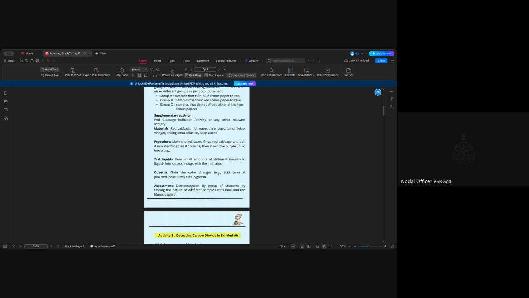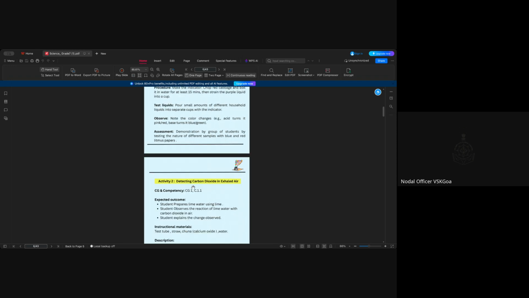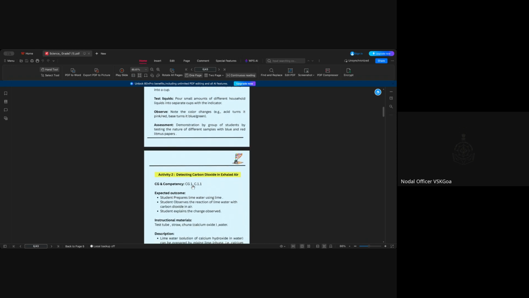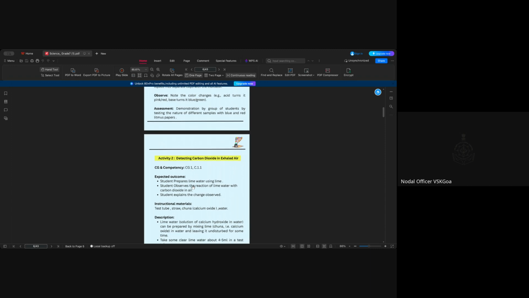This is activity 1. Activity 2 speaks about carbon dioxide in exhaled air. This activity again caters to curricular goal 1, along with curricular goal 6 and curricular goal 7. Here it caters to competency 1.2 from curricular goal 1, which says identifies and differentiates the changes.